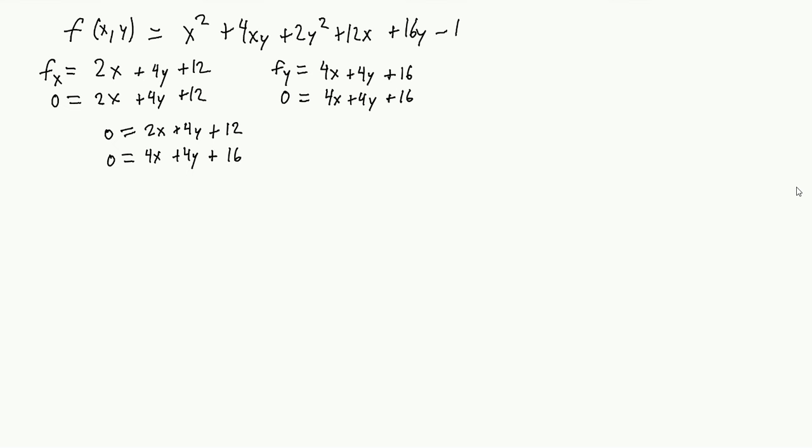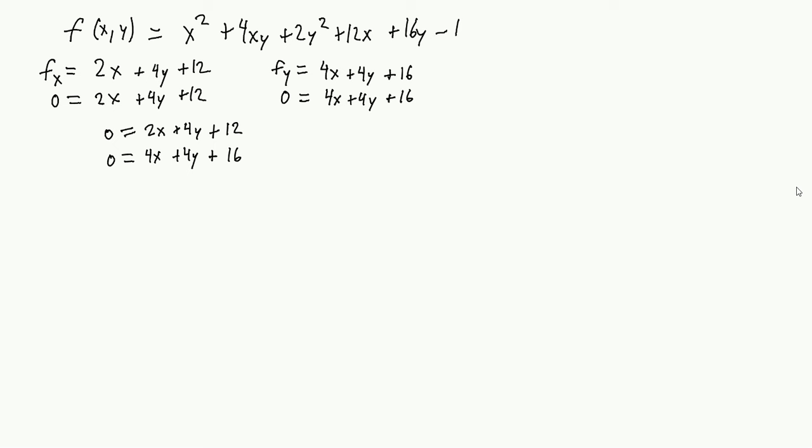So I've got x's on top of each other, y's on top of each other, and constants on top of each other. And the idea is this. You want one of your variables, doesn't matter which, to have the same coefficient but the opposite sign.